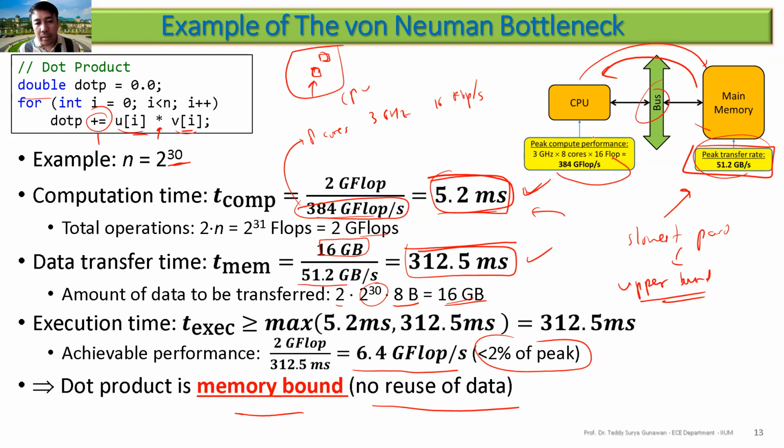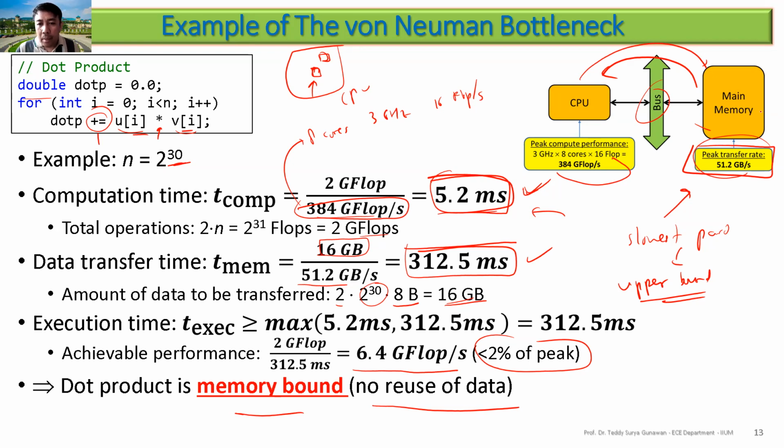So from here you can see that there are some bottlenecks. Then the next one will be how can we overcome the bottleneck. There are many methods to overcome the bottlenecks.